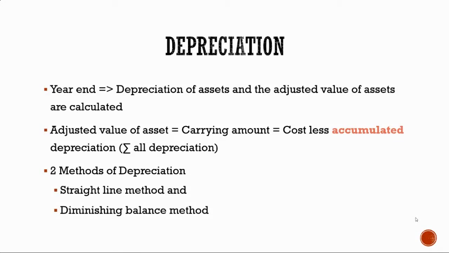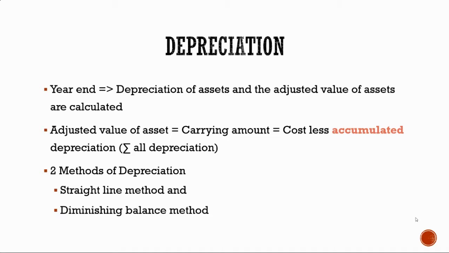Whereas the diminishing balance method works out the depreciation on the opening carrying amount for that year, multiplied by the percentage we've calculated. So as the asset is used, the amount of value it loses decreases the older it is. Initially you would lose quite a lot of value, but the older it gets, the smaller the depreciation amount.